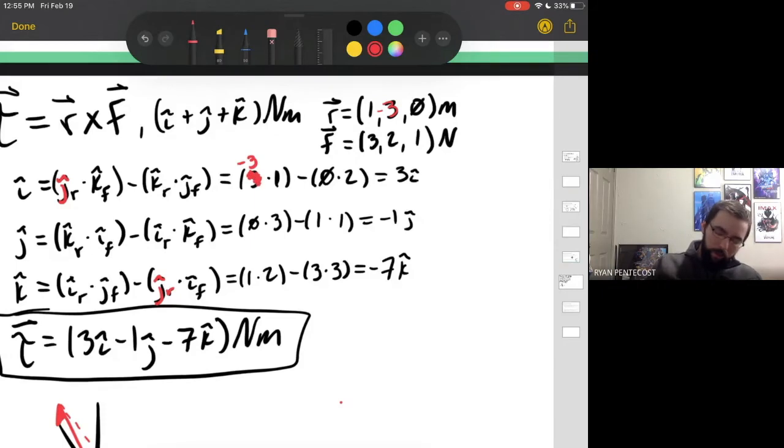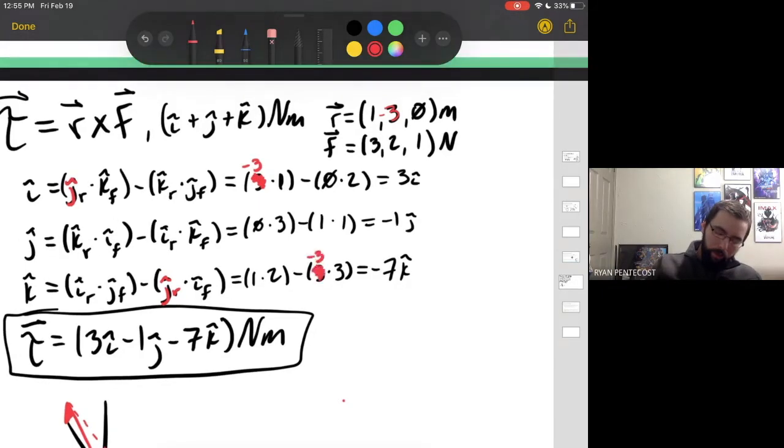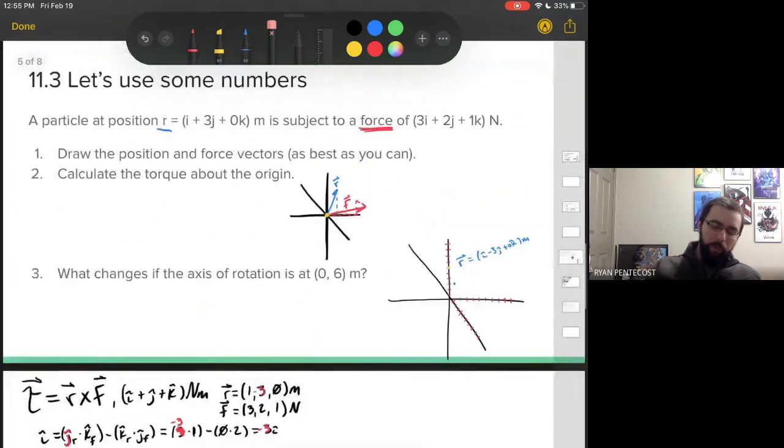And this is also a -3. So that gives us -3i. And this would, instead of being -7, become 2 plus 9. So that would be a +11 instead. So you've got -3, -1, +11. So that's going to drive your torque to be positive. So this is how you can do this using numbers.